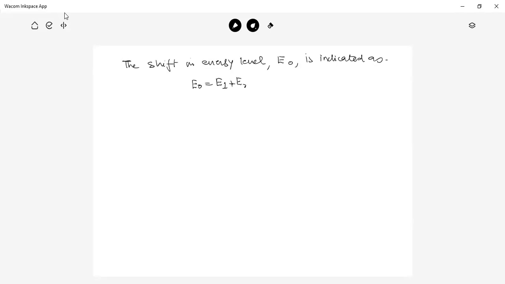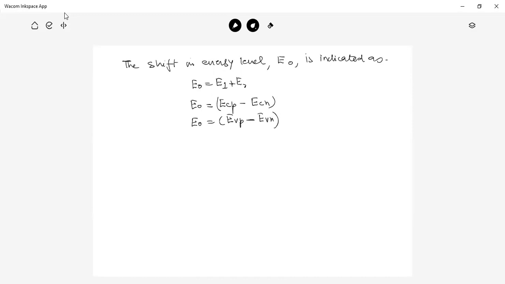That is E0 is equal to ECP, conduction band, minus ECN, the difference. And also E0 is equal to EVP minus EVN.